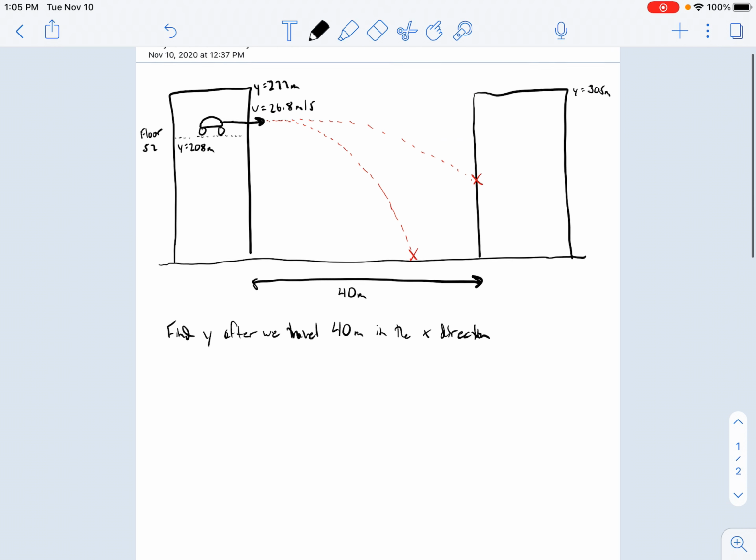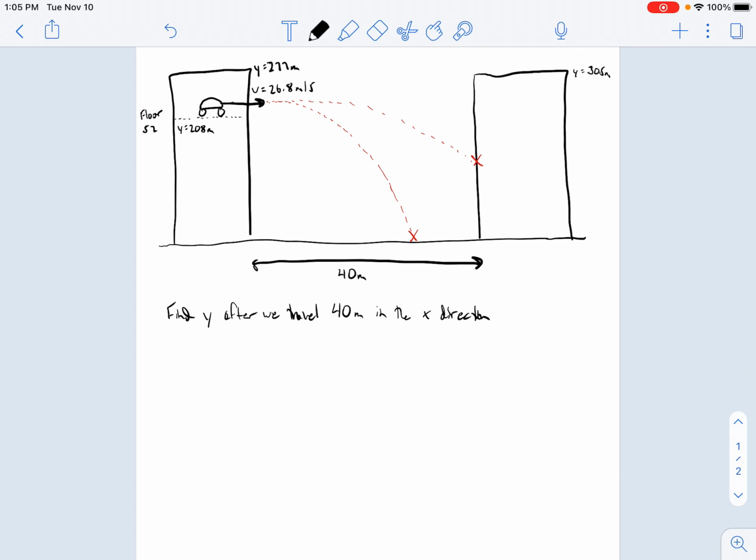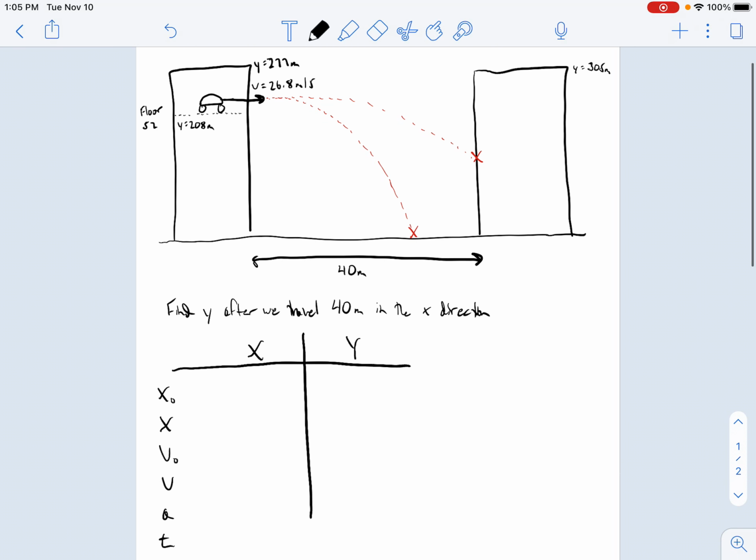Now to do this, I'm going to want to set up an XY chart here. Just like what we've been doing in class, we have our initial position, final position, initial velocity, final velocity, acceleration, and time. What we're going to say is that our initial position in the x direction is 0 meters, and eventually we're going to try to figure out what our height is after we've traveled that 40 meters in the x direction.